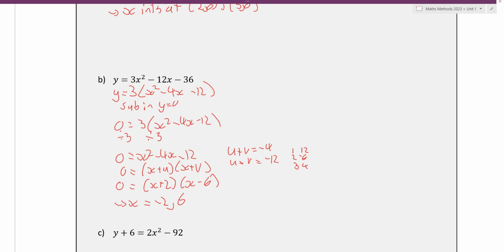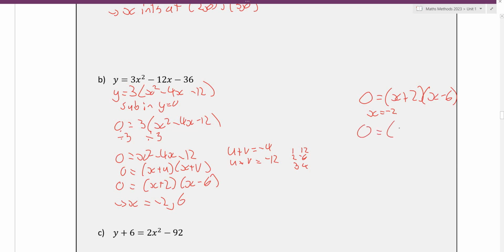Yeah, so I'll do it here. I wish I had access to other colors here just to make it easier. So we've got 0 equals x plus 2, x minus 6, right? So I'm going to make the claim that x equals -2 makes the equation true, so the left-hand side equals the right-hand side. So I'm going to sub in x equals -2. Null factor, yeah.